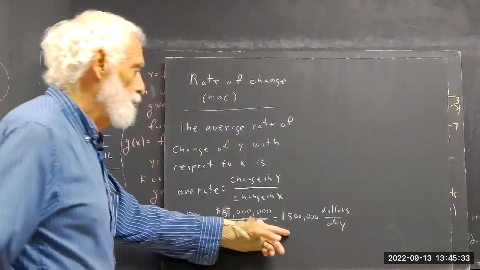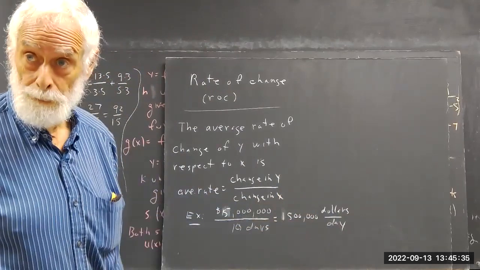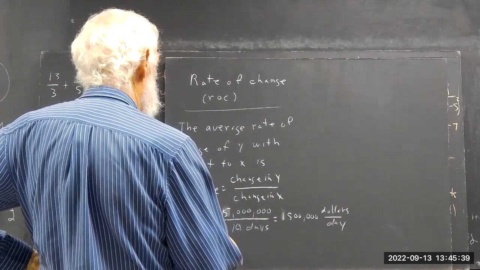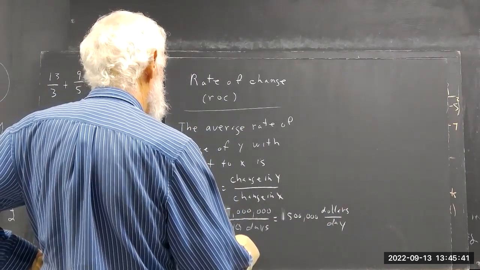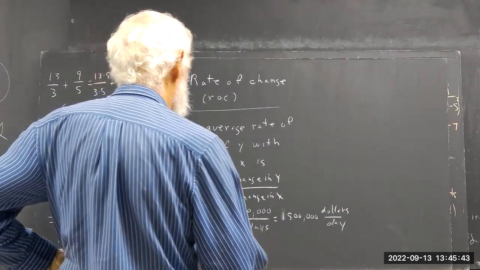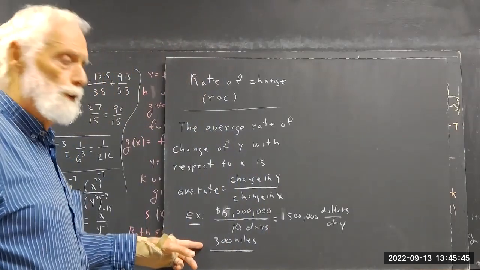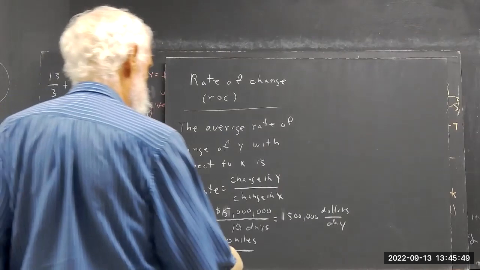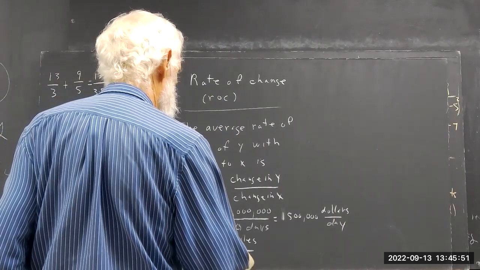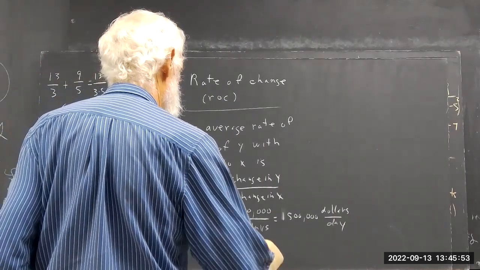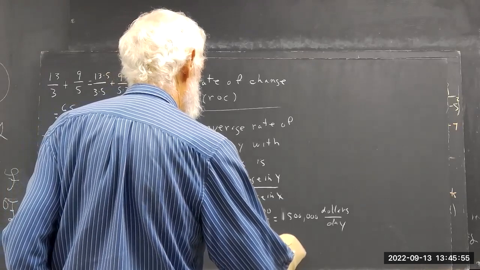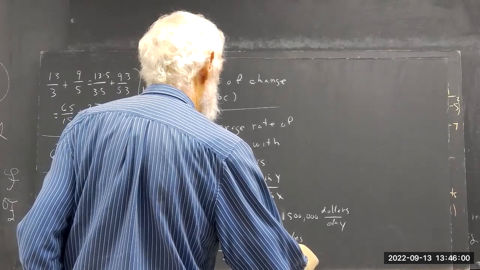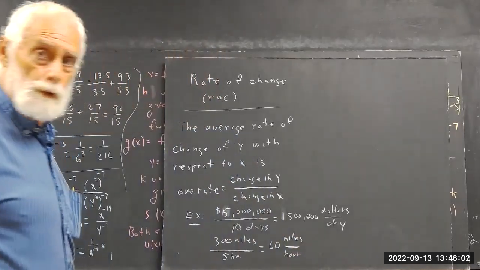So we write that as $500,000 per day. Okay, 300 miles, that's the change in our position. Divide that by 6 hours or 5 hours, let's say.